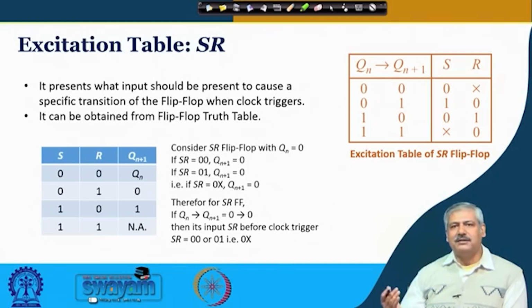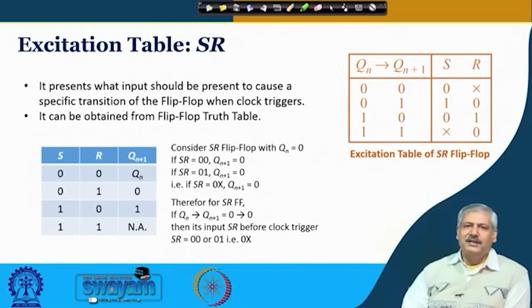While characteristic equation and characteristic table or truth table are useful for analyzing the circuit, the excitation table and the one that is to follow, we shall discuss that also, are useful for synthesis, the design of circuits. So, all those examples we shall take up in subsequent classes. Right now we are learning how to represent flip flops in various forms, through various representations.